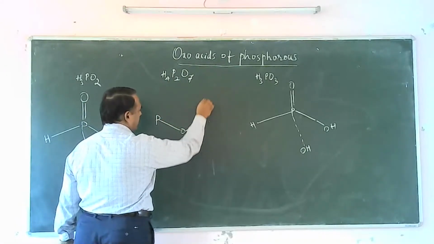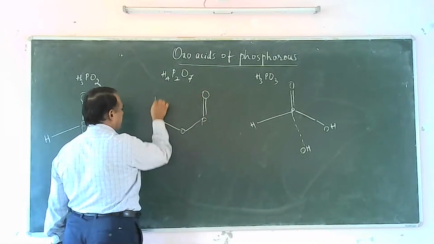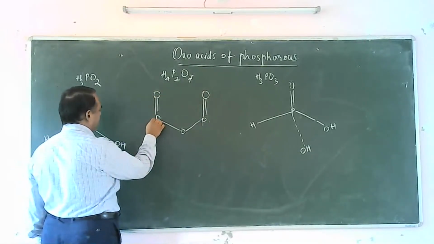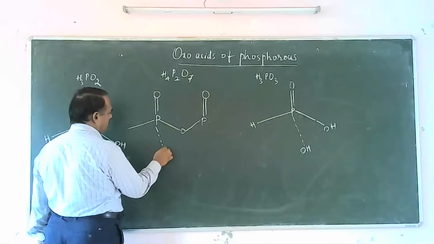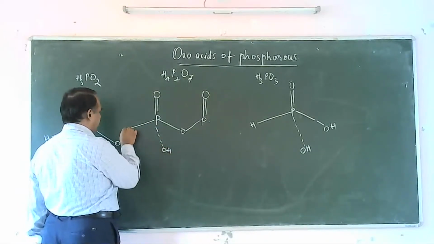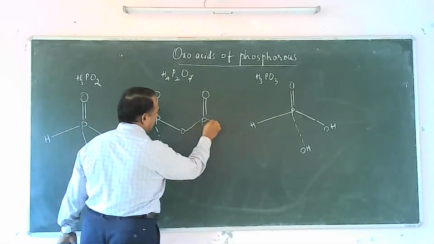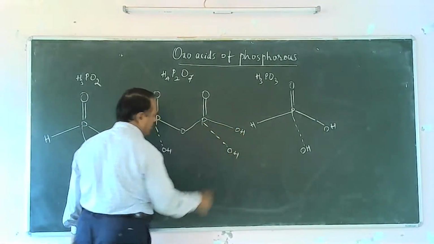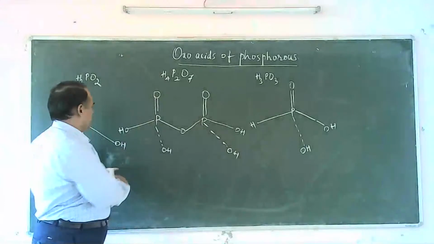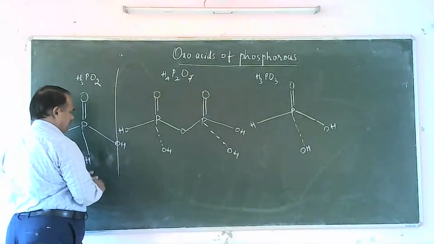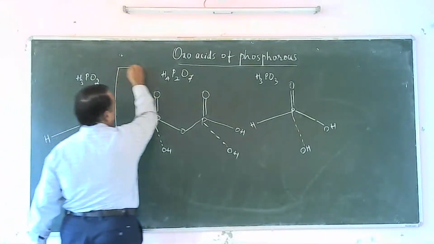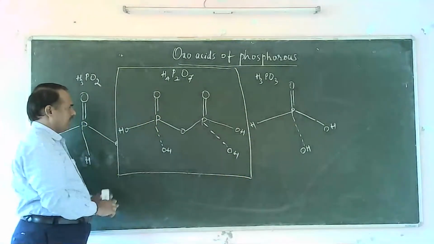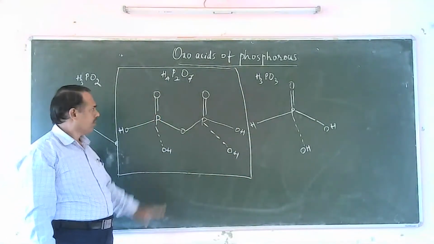The remaining oxygens are double bonded oxygen, and again a tetrahedral nature. So this is one OH, and this is also OH, and this is one OH, and this is also OH. Just confirm all the atoms. So this is pyrophosphoric acid.